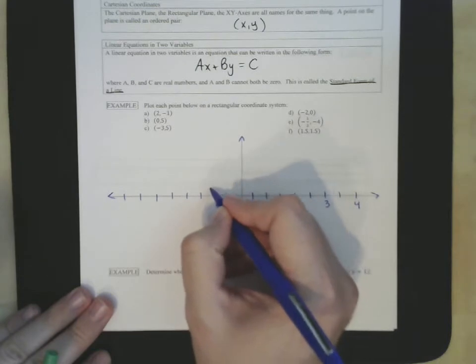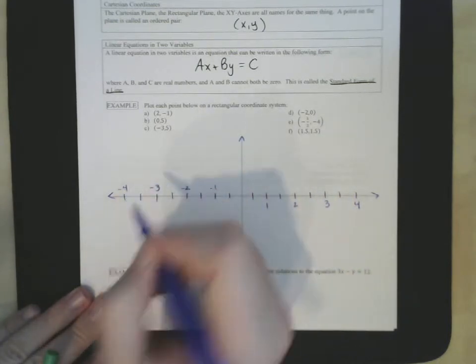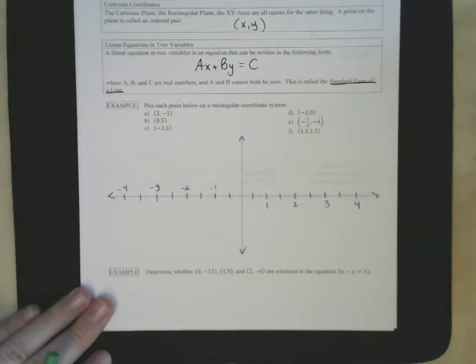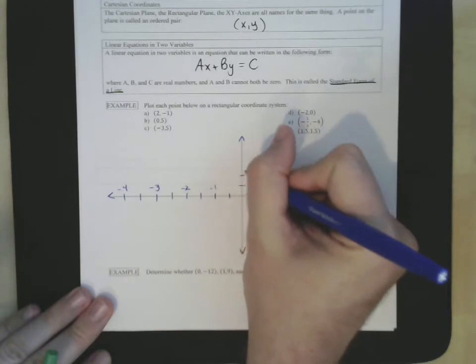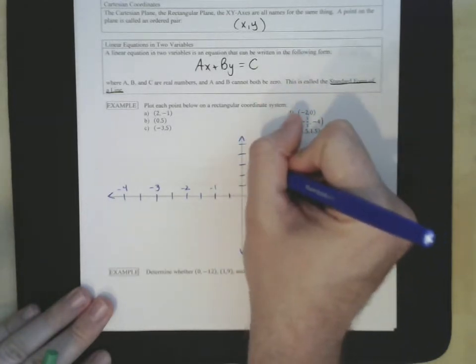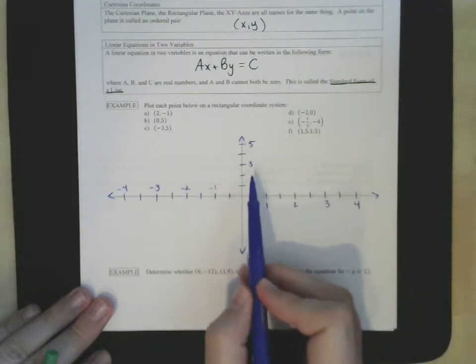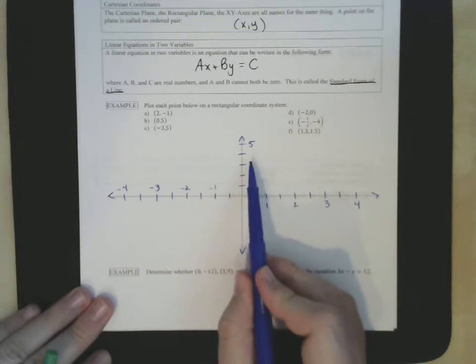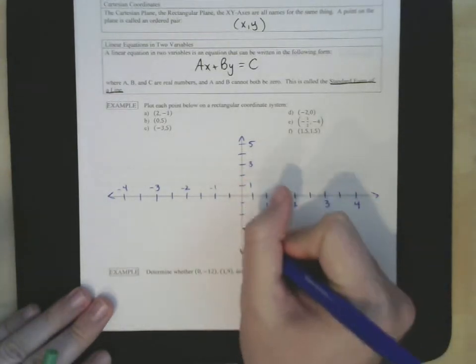And this is going to be negative 1, negative 2, negative 3, negative 4. And then on my y-axis, 1, 2, 3, 4, 5, I'm going to go strictly by ones. So notice I'm not doing the in-betweens. If this is 1 and this is 3, then this tick mark in between has to be 2. And that's how we read that.